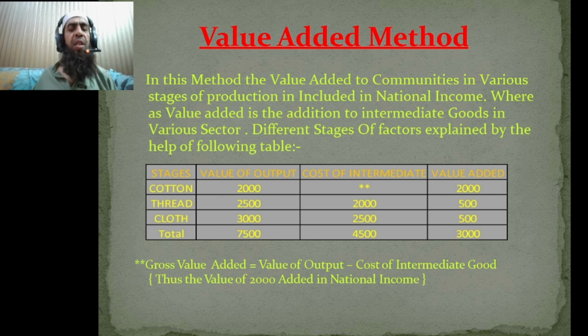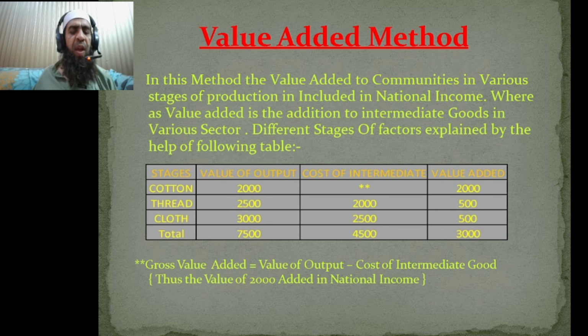In cotton, value of output 2000, cost of intermediate nil, and the value added 2000. Thread 2500 and cost of intermediate 2000, value added 500. Cloth 3000, cost of intermediate 2500, value added 500. And the total output 7500, total cost of intermediate 4500, and value added 3000.